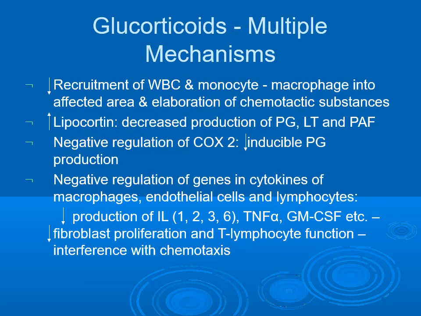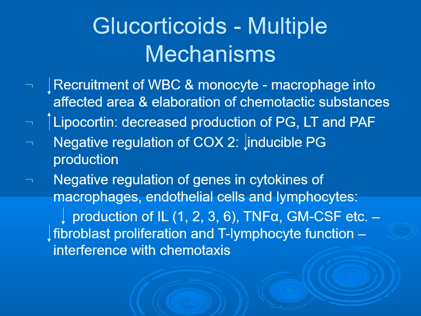In continuation with anti-inflammatory and immunosuppressive effects of glucocorticoids, there is inhibition of recruitment of WBCs and monocyte-macrophages into the affected area and elaboration of chemotactic substances. They increase lipoprotein level and therefore decrease production of prostaglandins, leukotrienes and platelet activating factors.